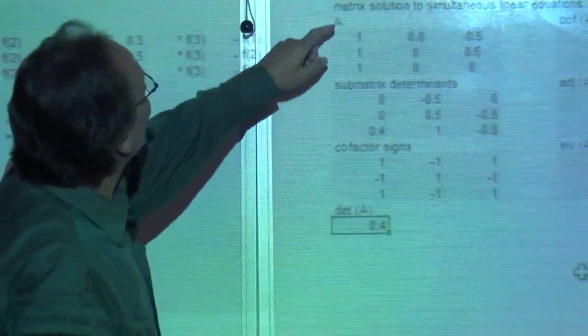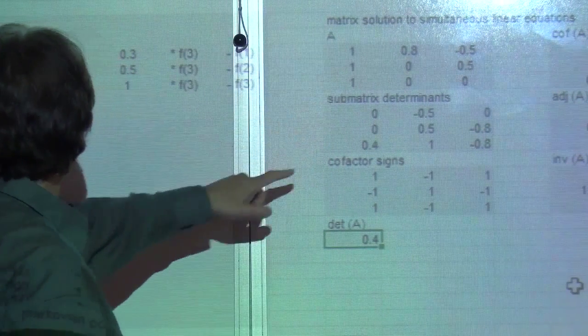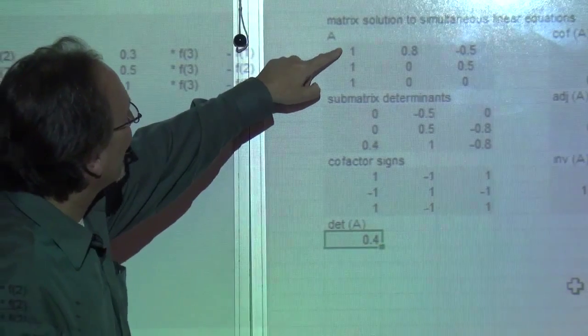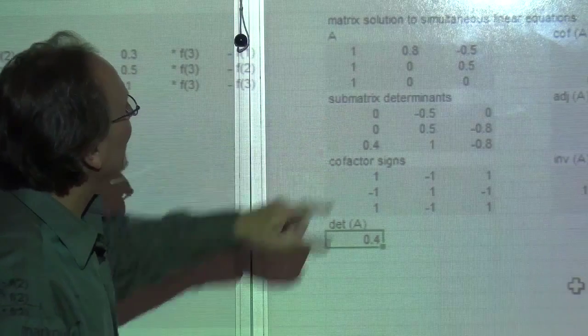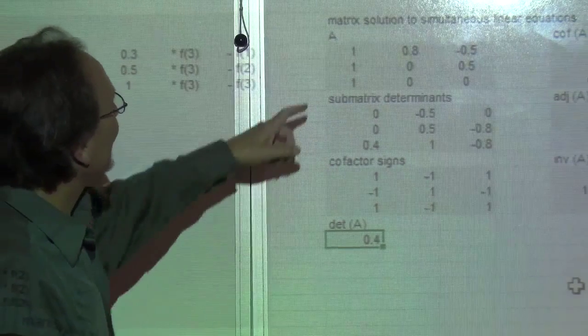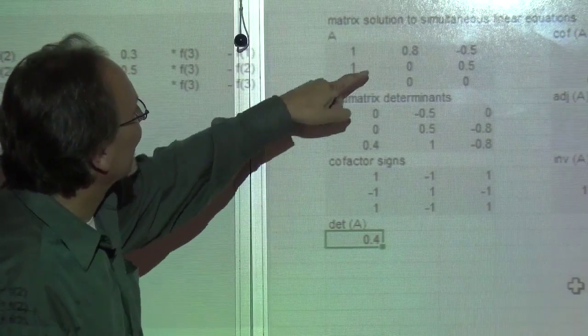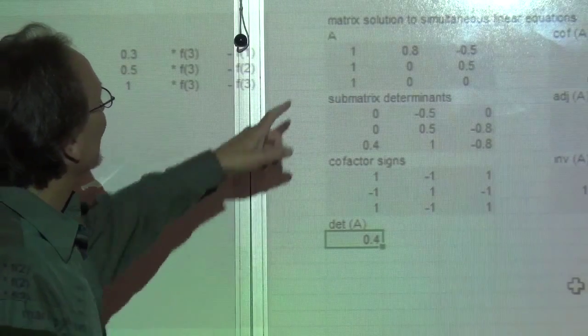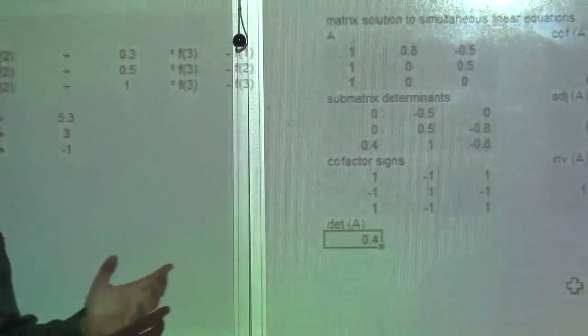And you can take any row or column. I happen to have taken the element of A times submatrix times the cofactor, and then you add it to the next element times its cofactor, and the next element times its cofactor. So in this case, I did the first row. But remember, you can use any row or column, and the determinant is the same.